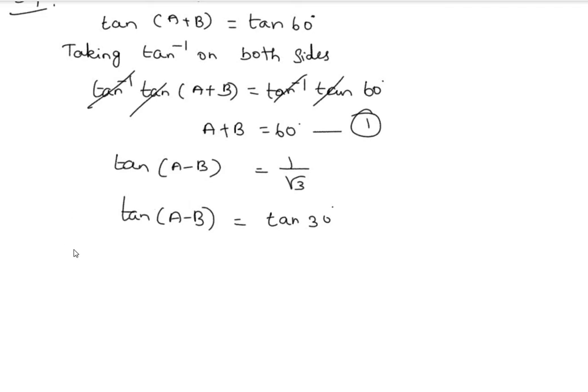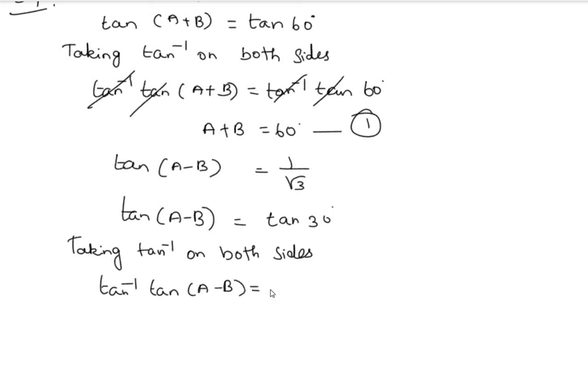Want to remove the tan on both the sides? Taking tan inverse on both sides. When I take tan inverse on both sides, now I can cancel the tan inverse and tan.